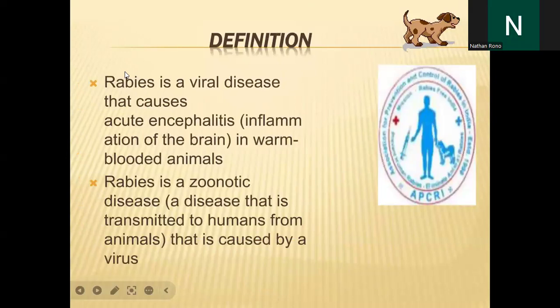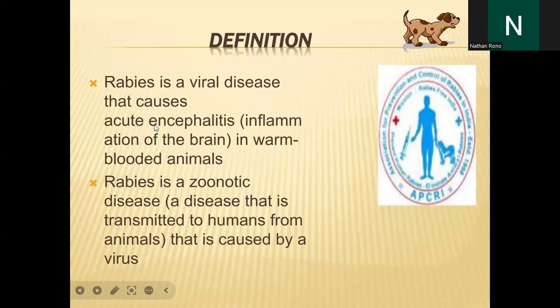Okay, so rabies. Rabies comes from the family, yes, it's called family. Rhabdoviridae family from the genus Lyssavirus. It causes the disease rabies. So the family is called Rhabdoviridae, the disease is called rabies. Rabies is a viral disease that causes acute encephalitis.